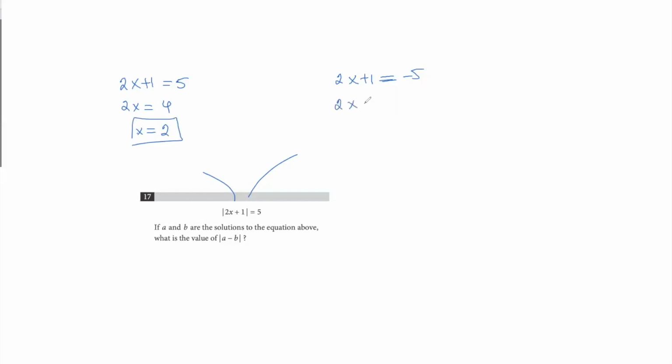And 2x is equal to minus 5 minus 1, which is minus 6. X is equal to minus 3. One of them is 2, one of them is minus 3. A and B are the solutions of the equation. What's the value of A minus B? Doesn't matter, you can say this is A and this is B. A minus B is 2 minus minus 3, which is 2 plus 3, that is 5.